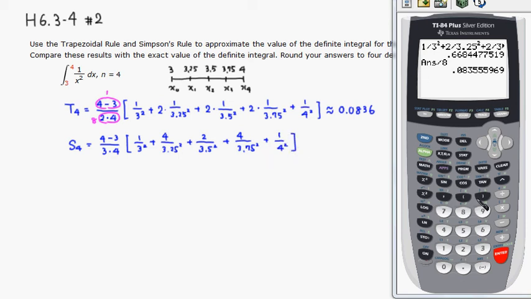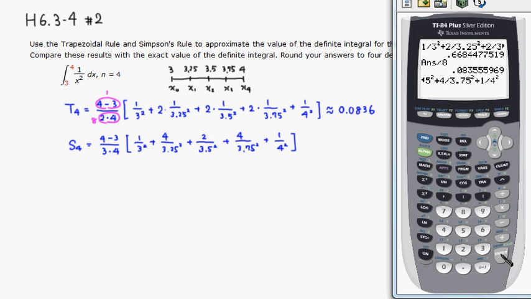So let's find this value. It's 1 over 3 squared, plus 4 over 3.25 squared, plus 2 over 3.5 squared, plus 4 over 3.75 squared, plus 1 over 4 squared.